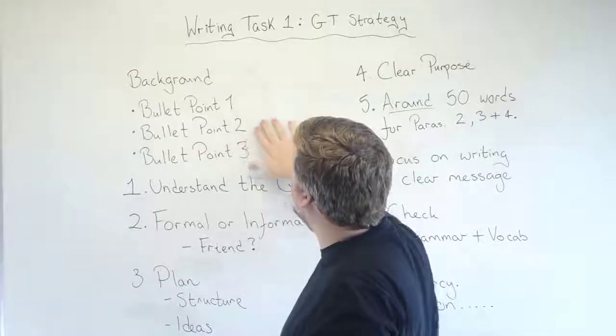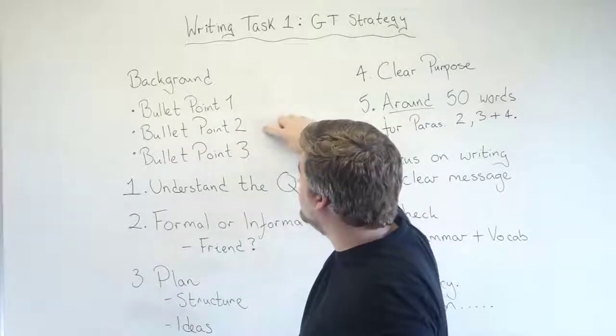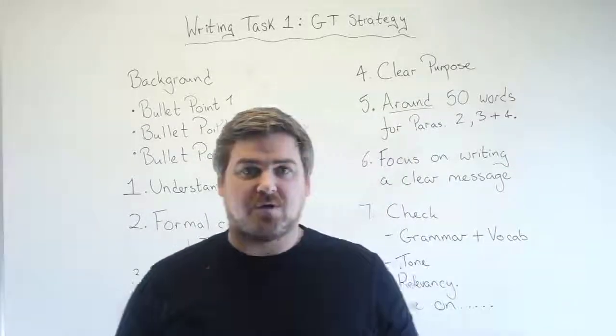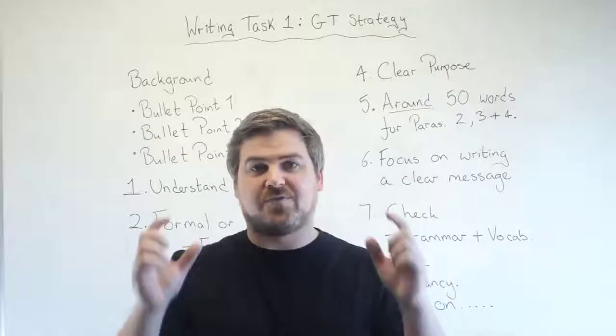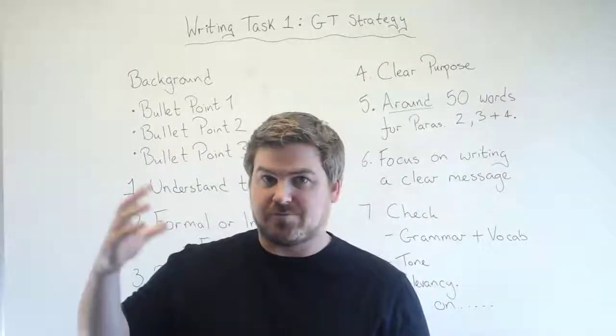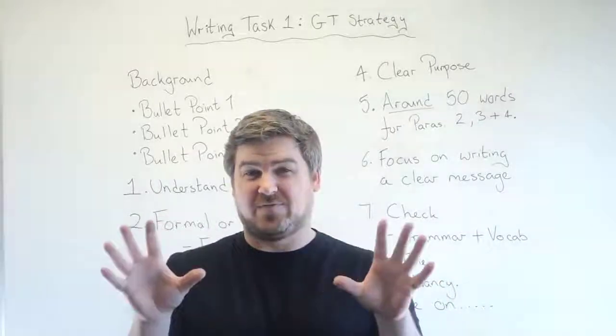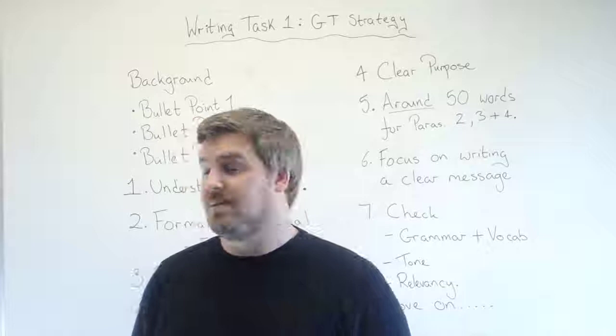And then it will ask you to write about 3 different bullet points. So bullet point number 1, bullet point number 2, and bullet point number 3. All right, so background information and then 3 bullet points. And this is really important because it's going to help us write the letter. Being familiar with that structure and that information that they're going to give you is really important.